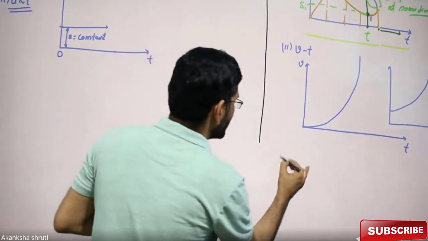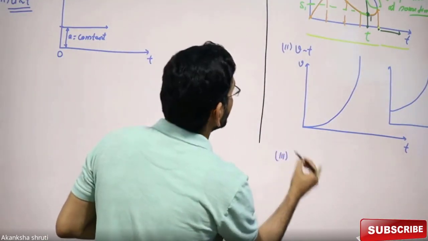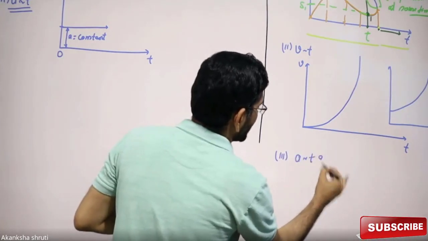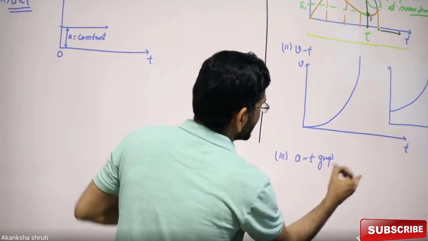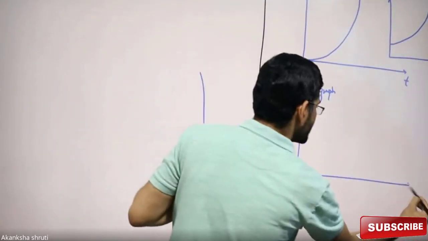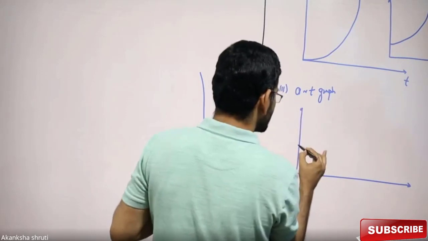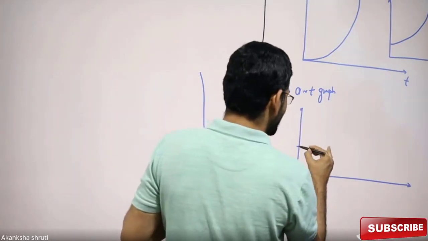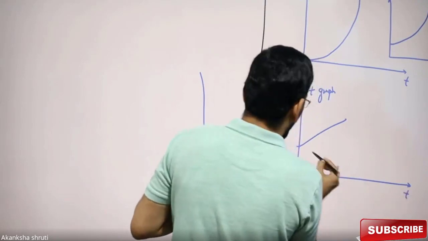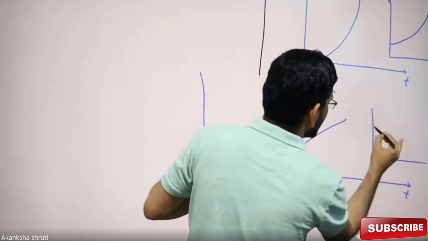The third one is our AT graph. If we consider the acceleration-time graph, in this case, acceleration is not fixed. So acceleration may be increasing or it may be decreasing.